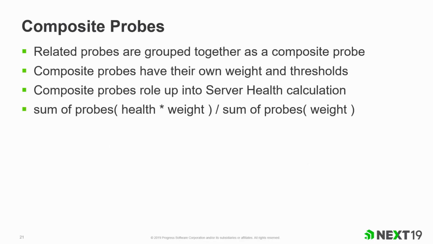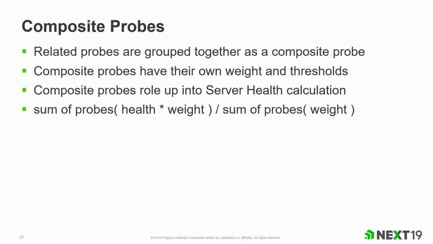In the architecture, we built it based on this idea of composite probes. So you have a probe at a lower level, and you can roll them up into different composite probes. As you'll see from the heat map UI that I'll show in the demo, they're all broken out into different sections. Finally, the overall server health score is just one big composite probe with all the other probes rolled up into it. Composite probes have their own weight and threshold.